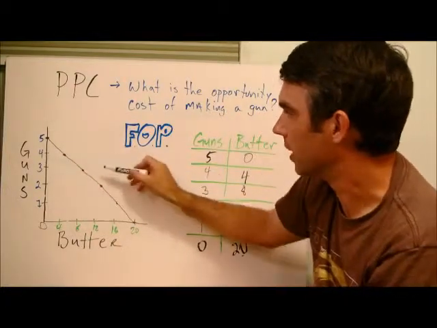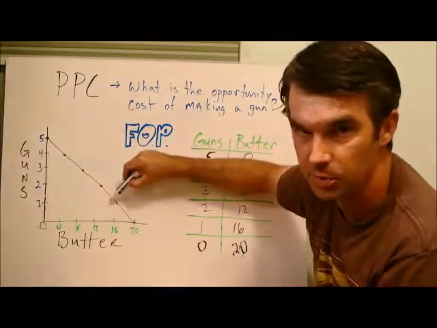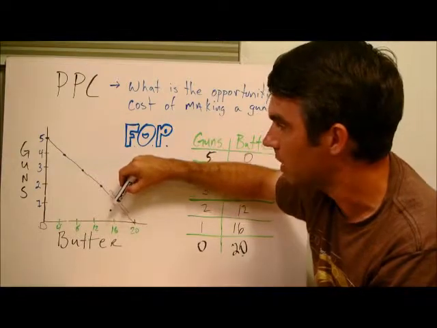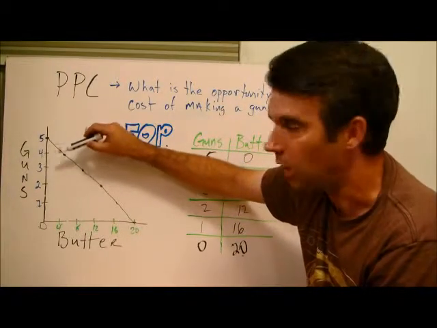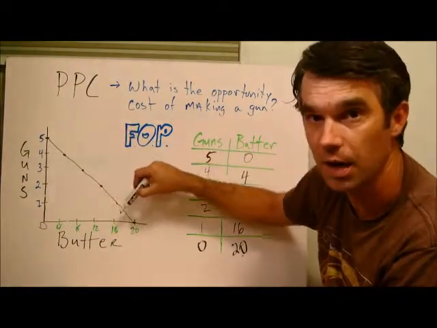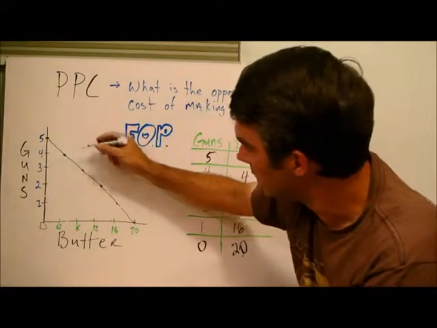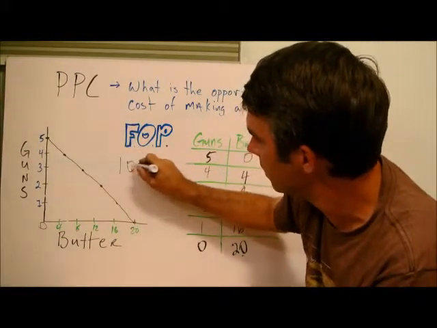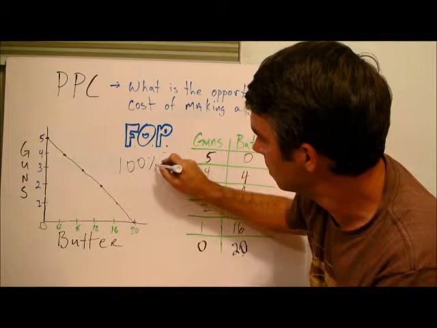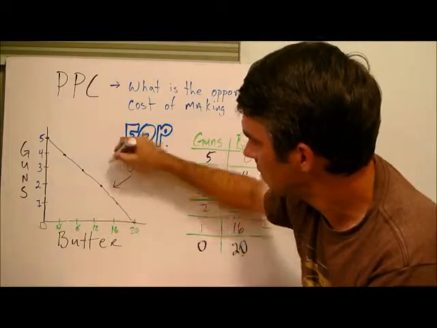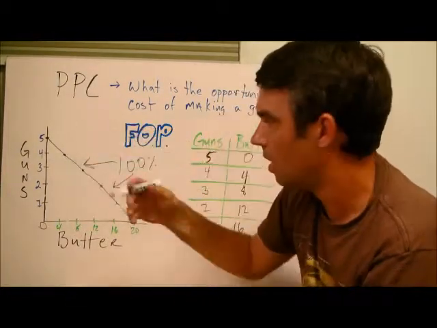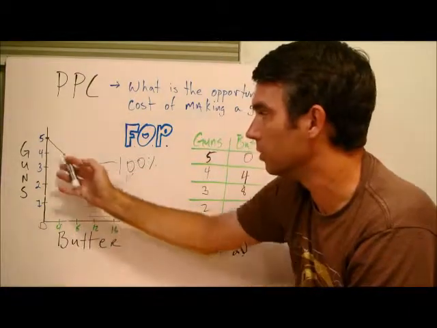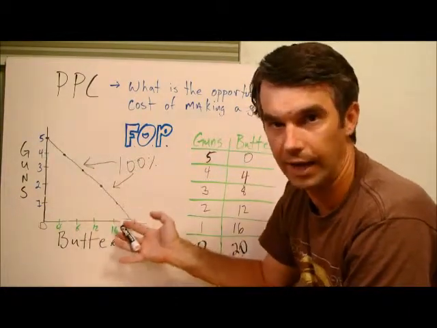Okay, so what we're showing here is this line is the production possibilities curve. Sometimes other people call it the production possibilities frontier. And what this represents is that 100% of factors of production are being used if we're producing on that line.